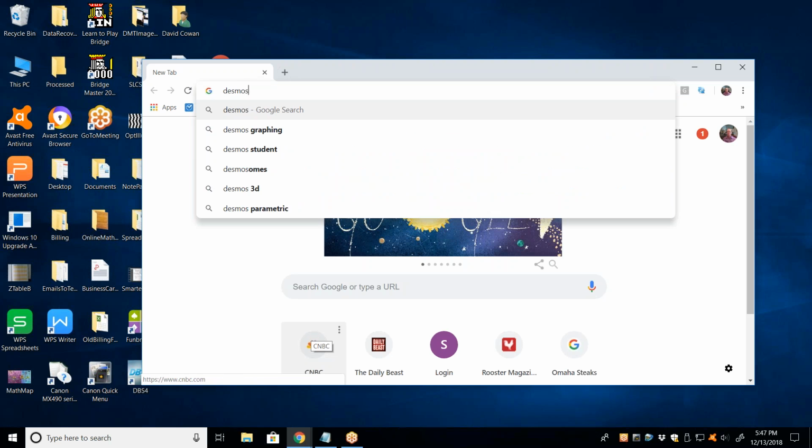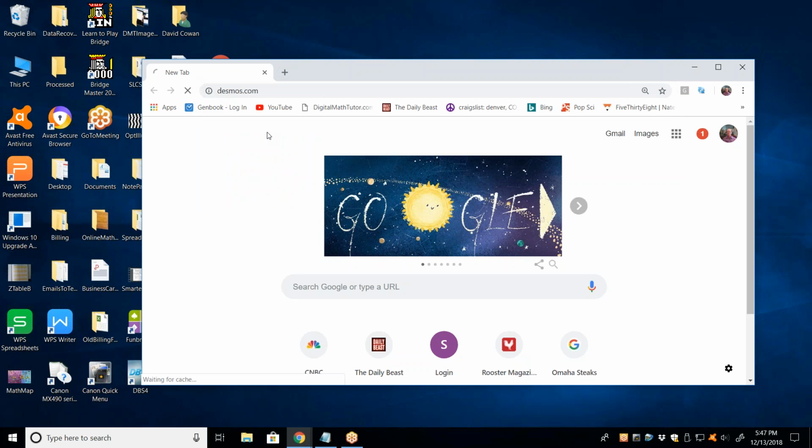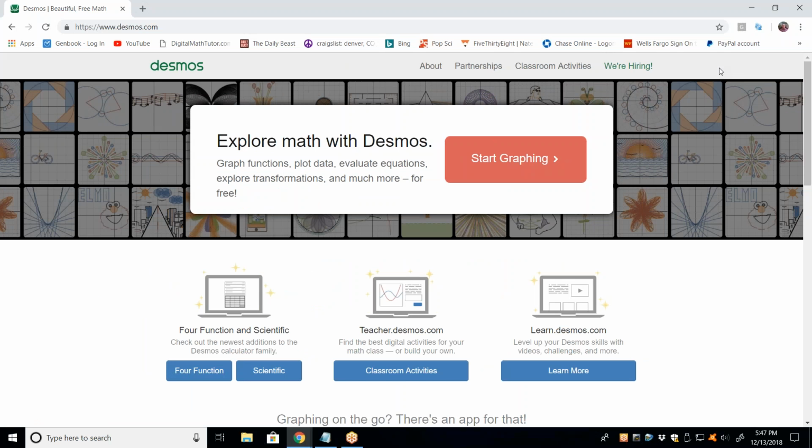Desmos.com? I bet that is it. There are different kinds of calculators on the website. I think this is it. I want to save this for sure. Let me save this as a favorite.